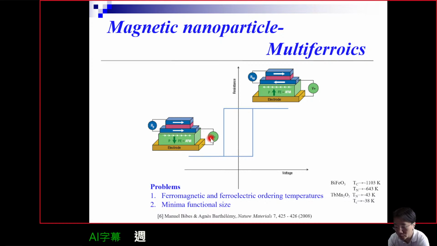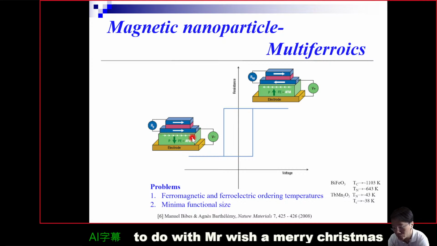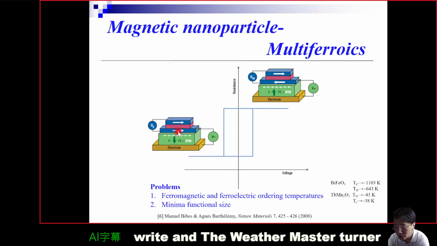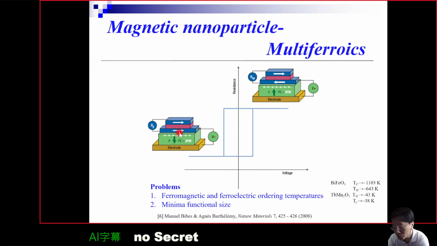So when we apply the reverse bias here, the electric polarization will be induced in this direction, and they will induce a magnetization pointing to the right, and it will further magnetize the upper layer and also create magnetization toward the right.